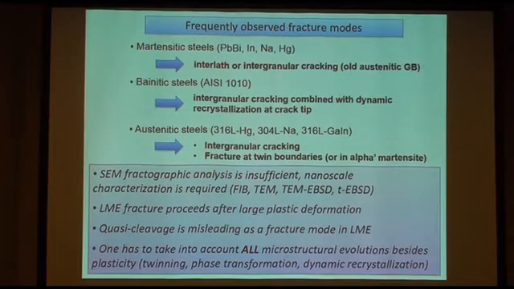So to summarize, we mostly have intergranular cracking in this type of problems, and very often you have to take into account the other processes taking place in the steels, like dynamic recrystallization, or the steels that we are investigating right now also show very specific patterns with a strong contribution from fracture between boundaries and also in alpha prime martensite formed by deformation.